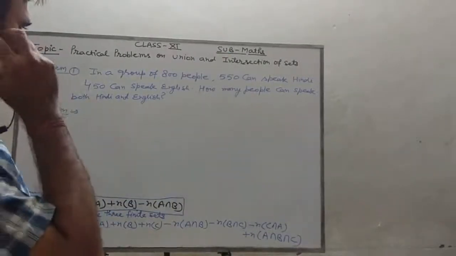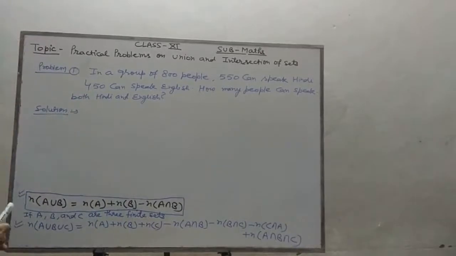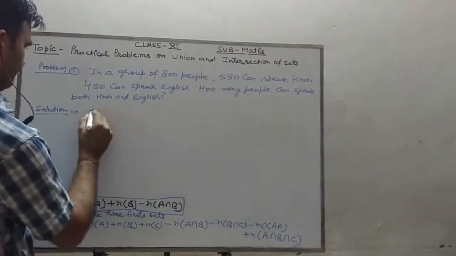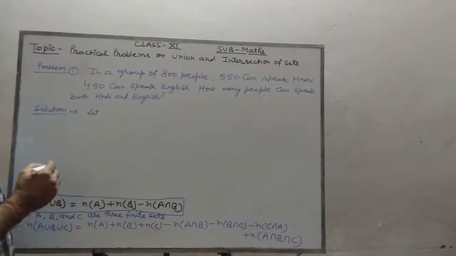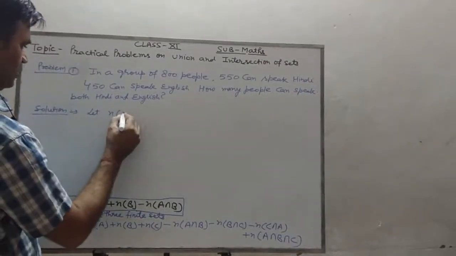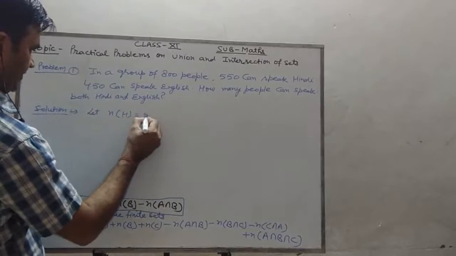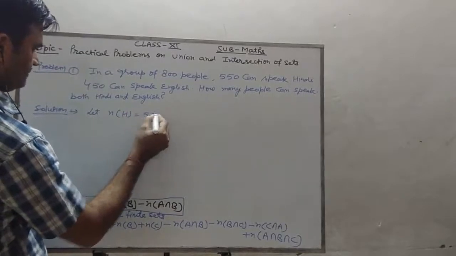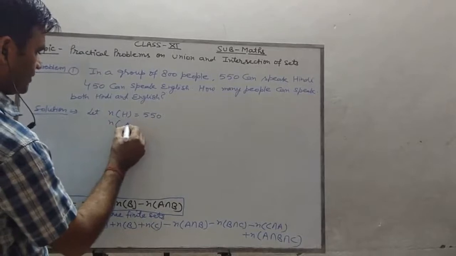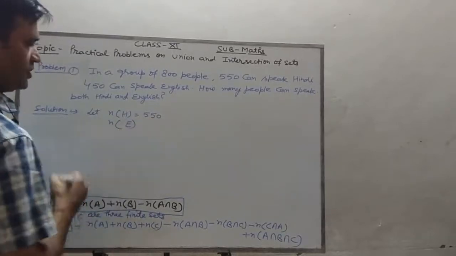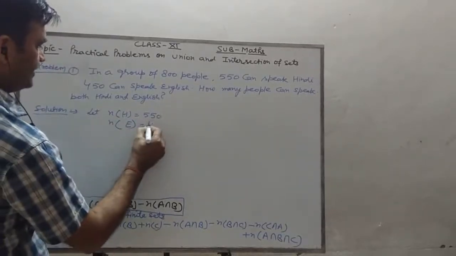So we can understand this problem as, let H denote the set who can speak Hindi. So number of people who can speak Hindi n(H) equals 550. And number of people who can speak English is denoted by n(E), and that is 450.